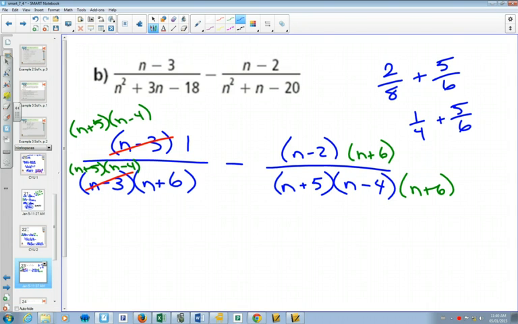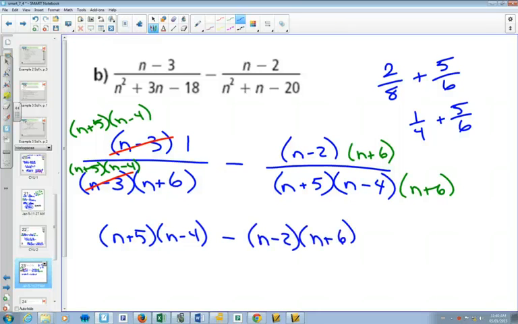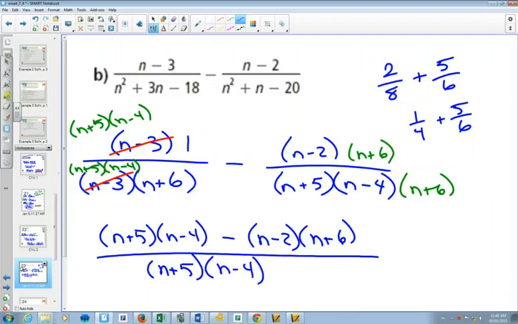And so now we're going to get n plus 5, n minus 4, subtract n minus 2, n plus 6. And now I would have a common denominator of n plus 5, n minus 4, n plus 6.